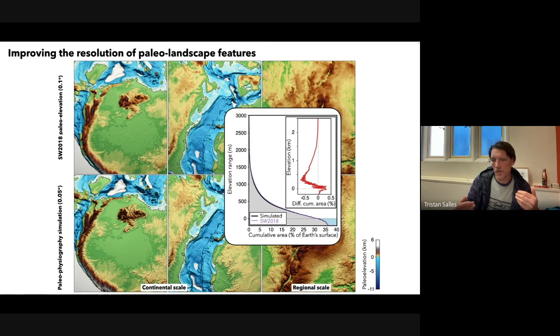So here you've got a hypsometric curve, which is basically a histogram showing the percentage of area which has a specific elevation, and you've got in purple the initial paleogeography, and in black the simulated one. So basically we've got relatively the same distribution, except that the model has a bit more information in our case.